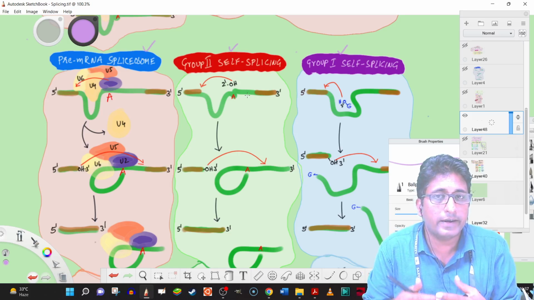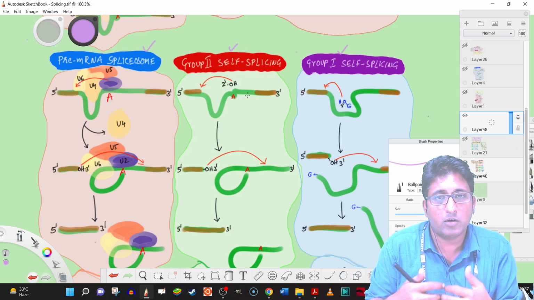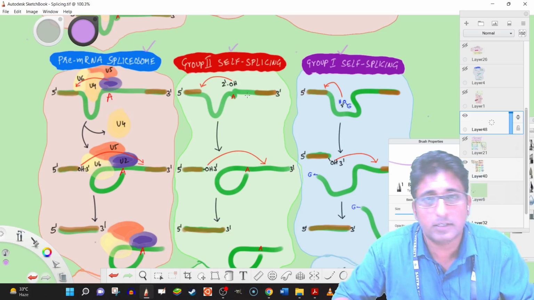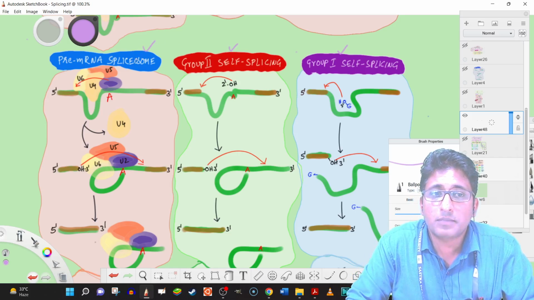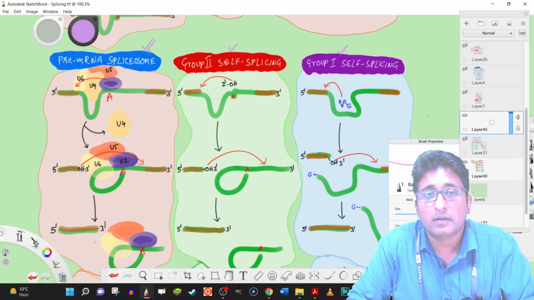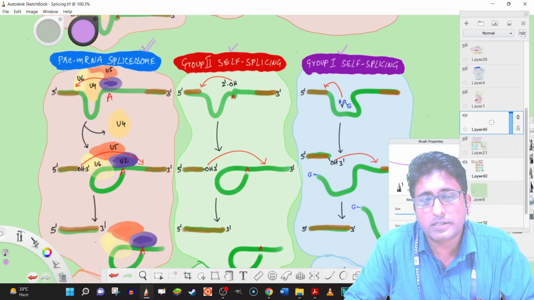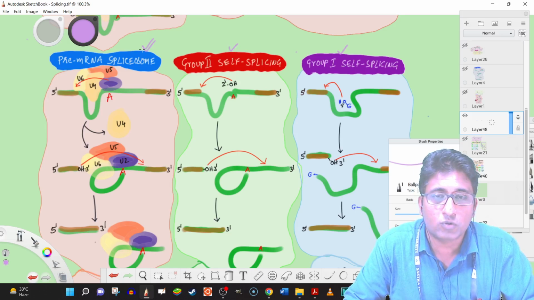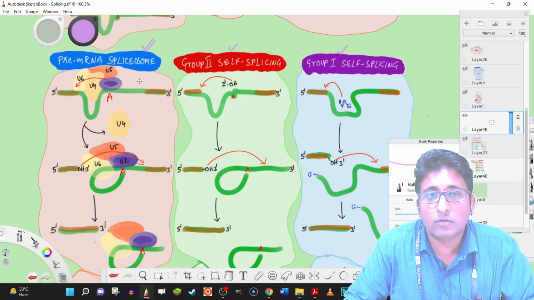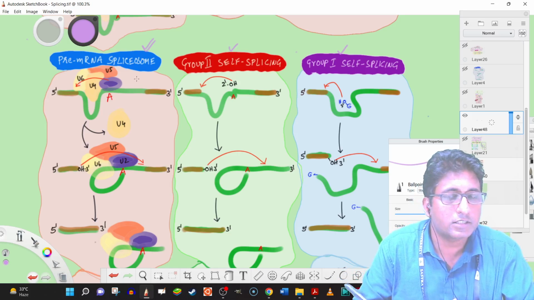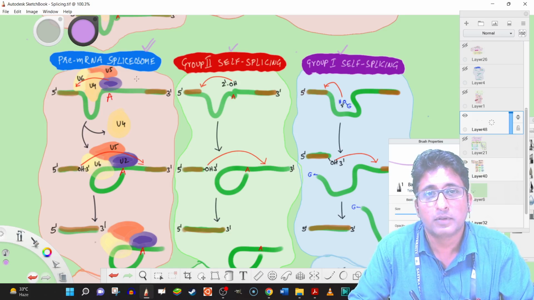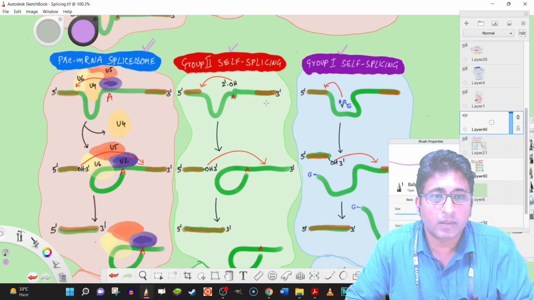They do not need additional factors to carry out these transesterification reactions. Whereas the pre-mRNA ones require special or additional components, which are called spliceosomes. So in that way, group 2 and group 1 are similar in that they do not need additional factors, whereas pre-mRNA spliceosome introns will require these factors.